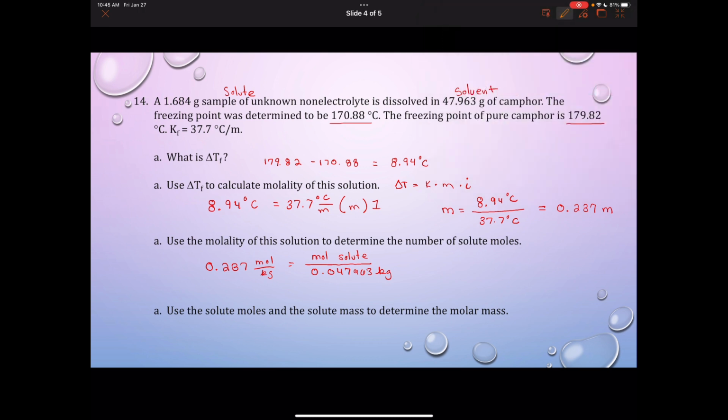So we're going to take this equation and we're going to rearrange it now to solve for the moles. So what we're going to do is we've got to get that 0.047963 kilograms out of the bottom of my fraction. So we're going to multiply both sides by it.